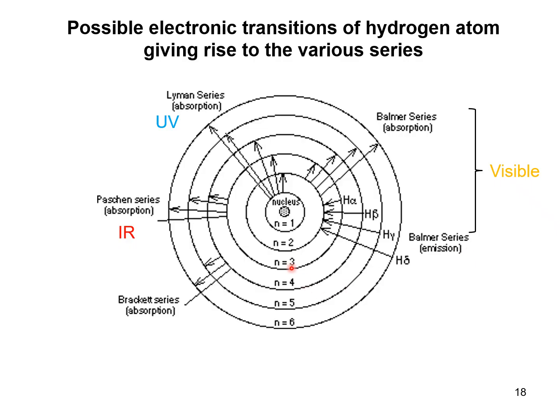Similarly, for the transitions involving n equals 3, the spectral lines are known as the Paschen series, whereby the radiations involved in these transitions are in the IR region.